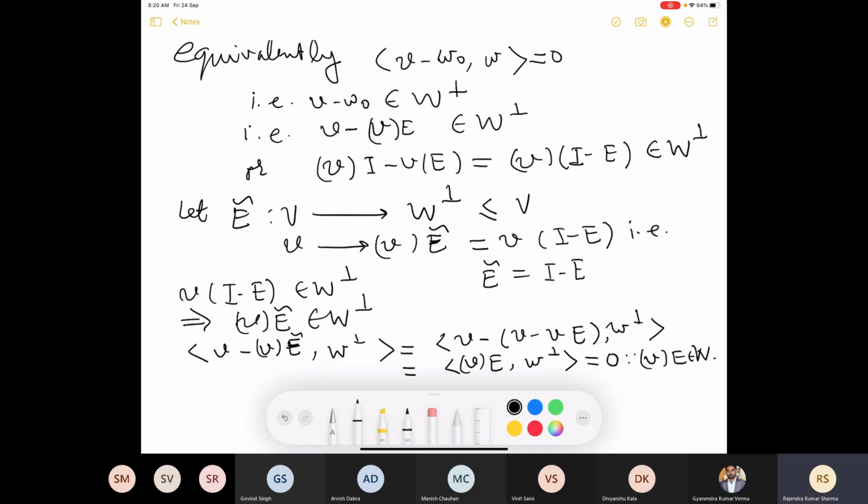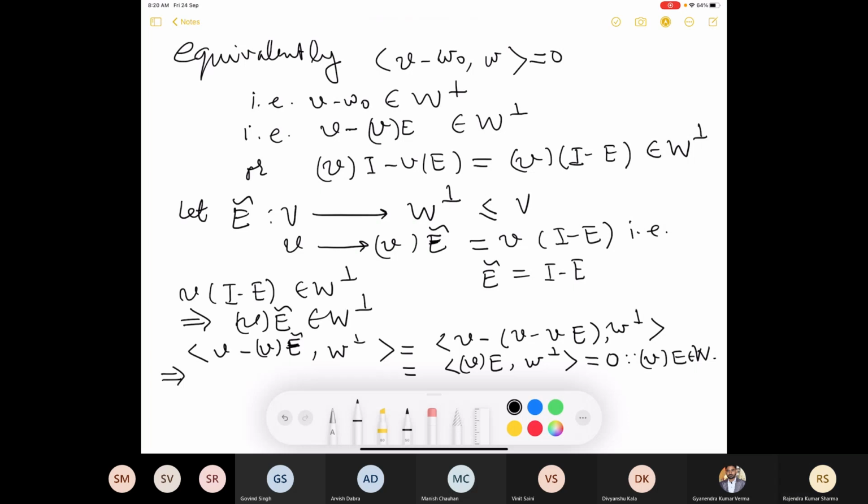So what we have got here is that V minus VE tilde is orthogonal to every vector in the orthogonal complement. And that makes the definition that we have here.